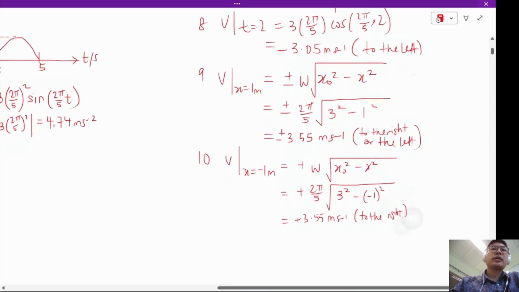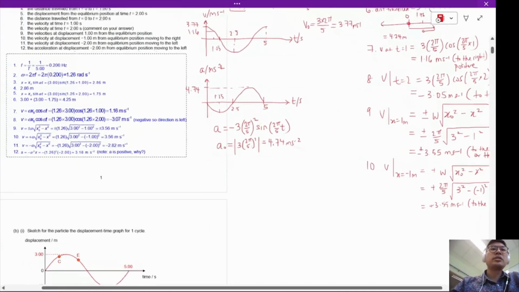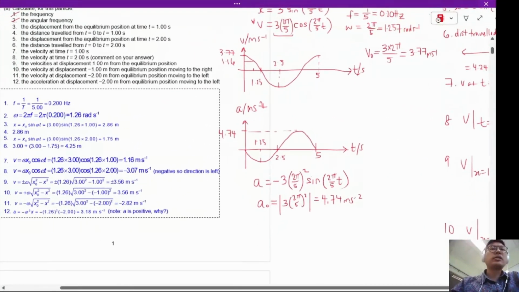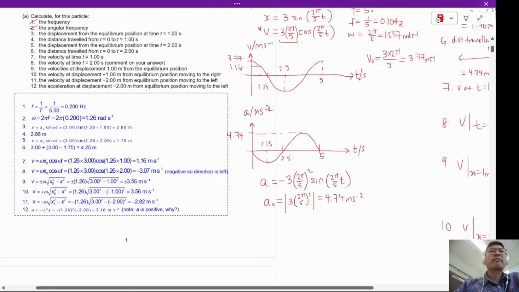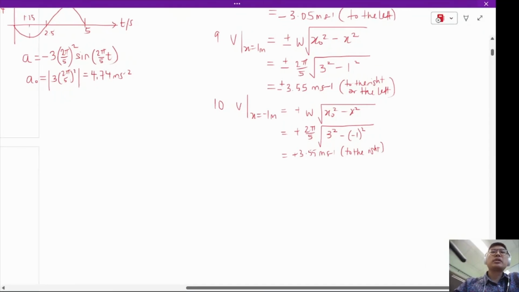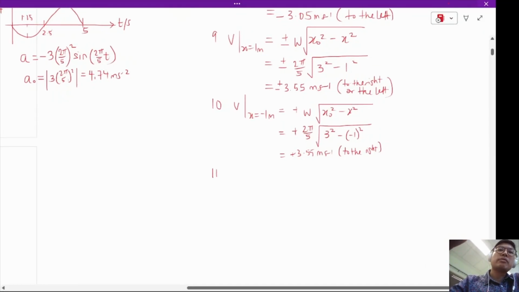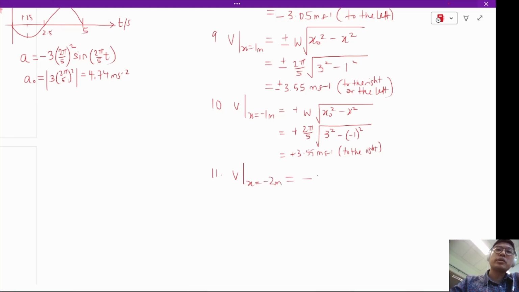Okay, let's take a look at the next question. What's the velocity at displacement minus 2 meters from equilibrium position moving to the left? Once again, we'll fill in the formula. This will be the negative value of omega times the square root of x naught squared minus x squared.